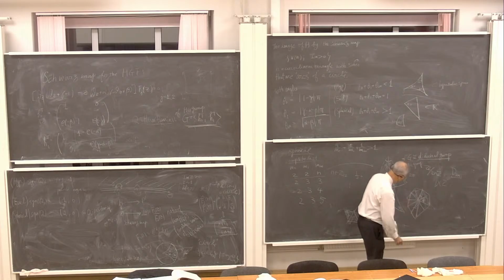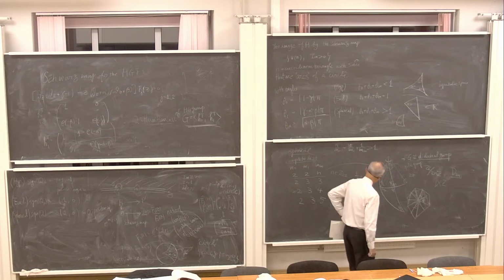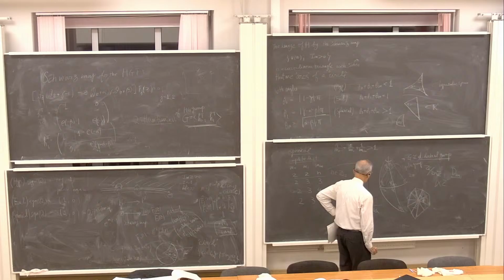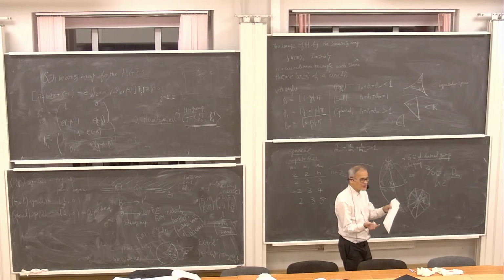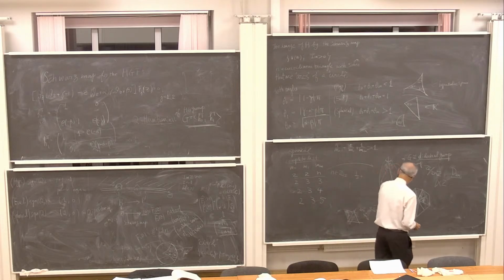That's it. And you see that it is exactly there. So the regular n-gon, but it allows two n-gon.